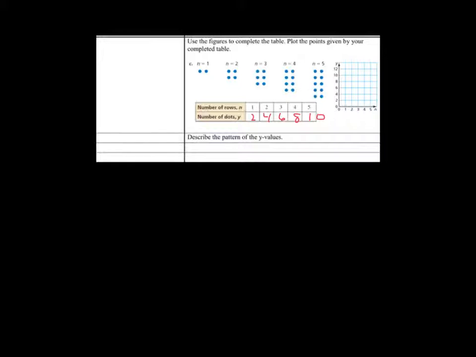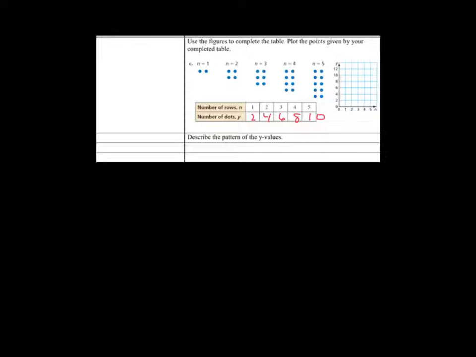They're telling you that this is the first term in the sequence, the second term, the third term, the fourth, and the fifth. So yes, they're giving you a concrete model in order to lay the foundation for this lesson, and they're calling this 1 row, 2 rows, and so on and so forth.